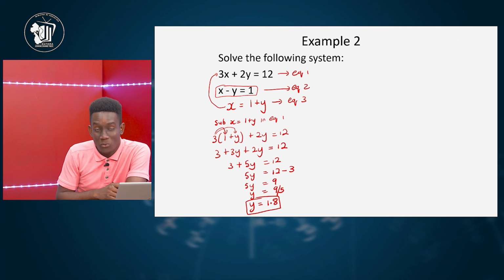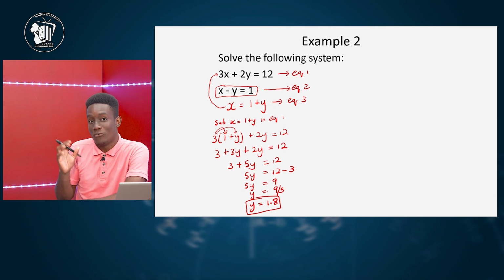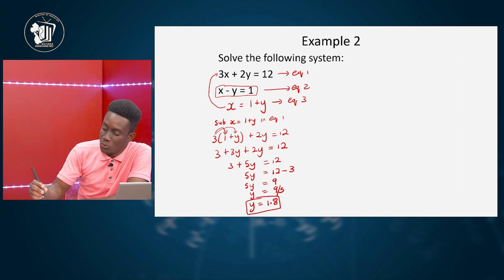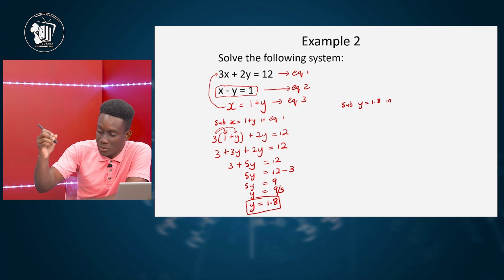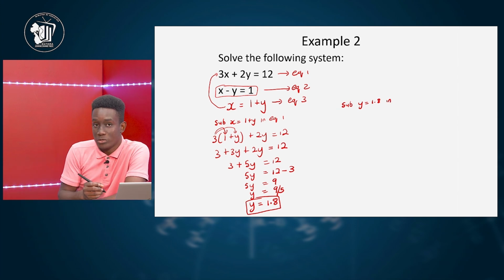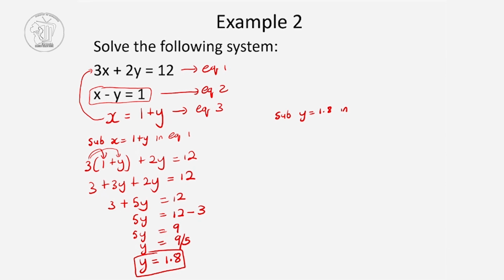Now that we have our value for y, we know the next step is to get our value for x. So what we do, we substitute y equal 1.8 into, you can either use equation 1, 2, or 3. So of course we see the easiest equation to use would be equation 3 because x is already the subject.